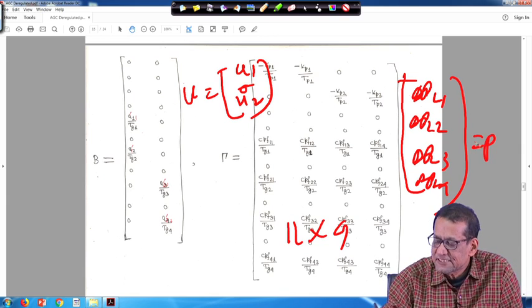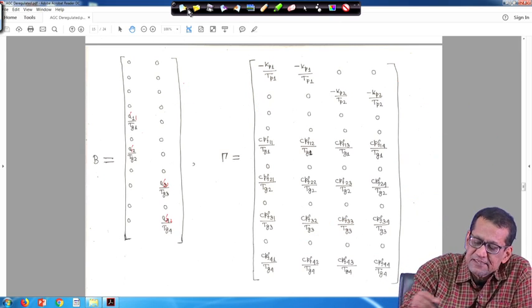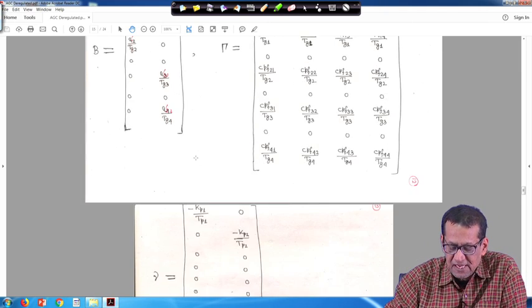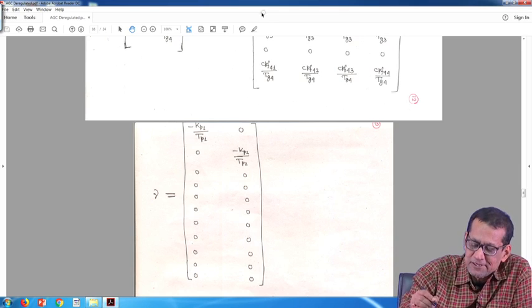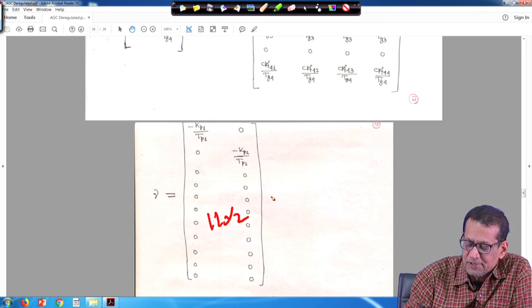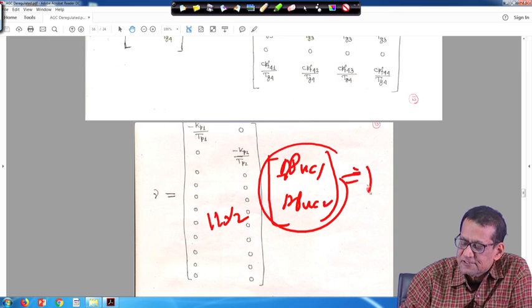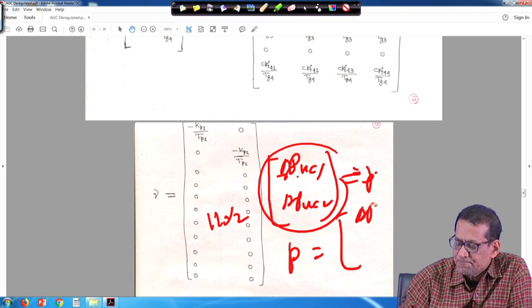This is 11 into 2 because the small p is equal to delta PUC1 and delta PUC2.